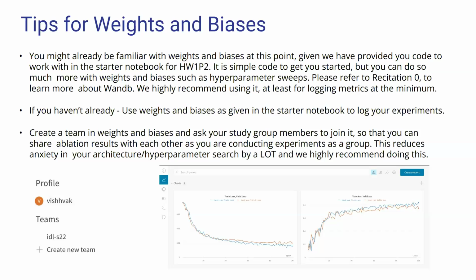So what you could do is, as your study group, you could form a project group and log all your ablations to your project group. And then there are some cool things you can do regarding filtering.